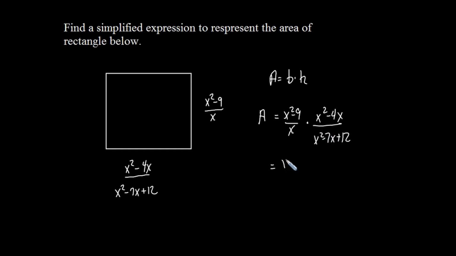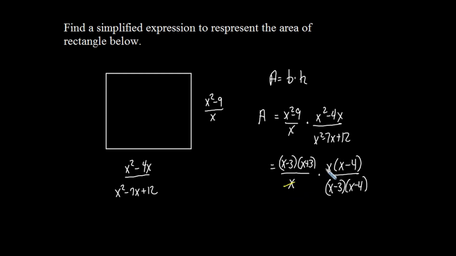So we will factor everything that we can. We'll completely factor the numerator and denominator of the first fraction, and then completely factor the second expression. And then we'll cancel common terms.